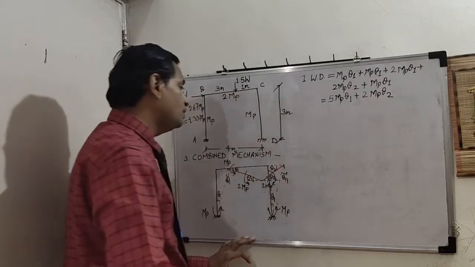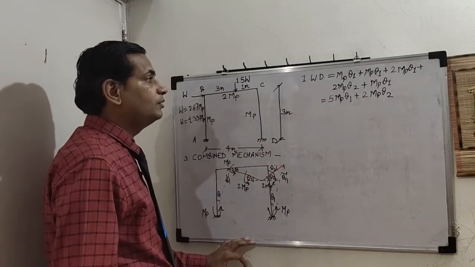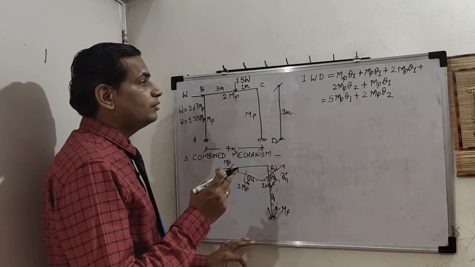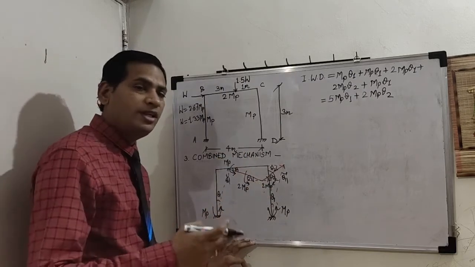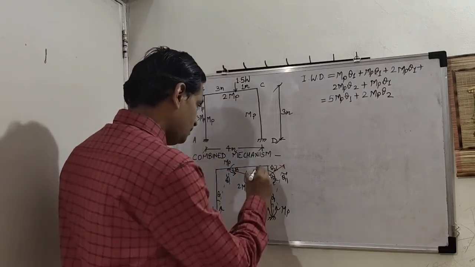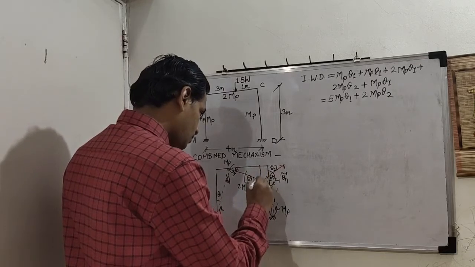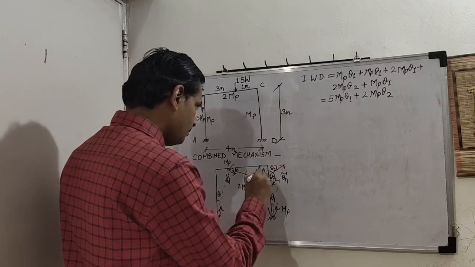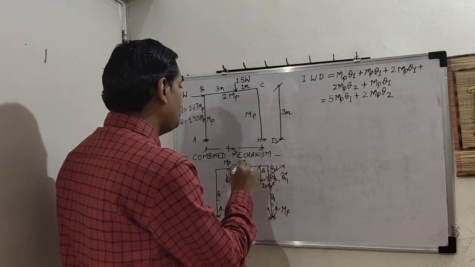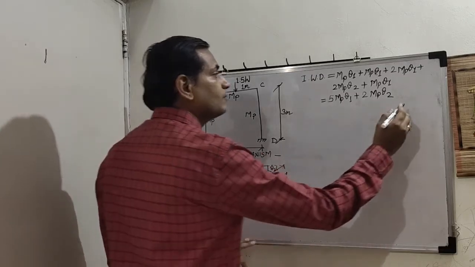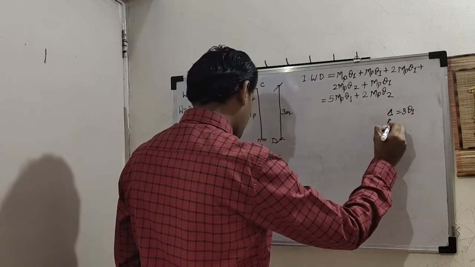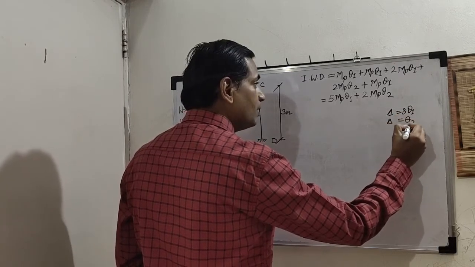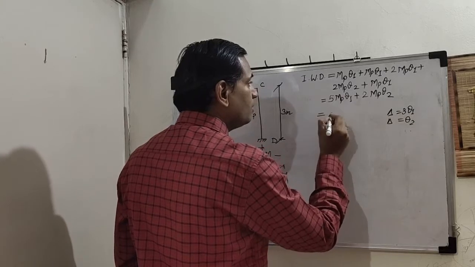Now we want the relationship between theta 2 and theta 1, which is I think 3 theta 1. Theta 2 is 3 times theta 1, correct? This is delta, so delta is 3 theta 1 and another value of delta is theta 2, correct? So theta 2 is 3 theta 1.